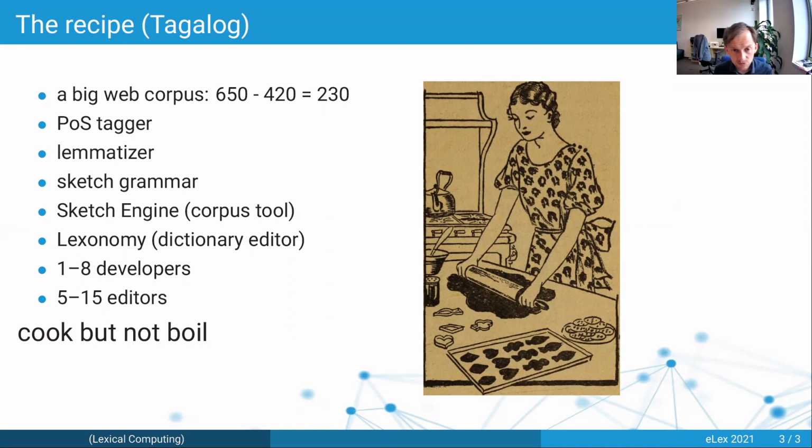We used and improved the part of speech tagger. We created our own lemmatizer by adopting some freely available morphological data. We wrote a sketch grammar, loaded the corpus into Sketch Engine, and then we basically used Sketch Engine and Lexonomy for the whole workflow, which consisted of generating data from Sketch Engine, possibly also from other tools, and then having dedicated tasks, dedicated user interfaces in Lexonomy for the individual post-editing steps.